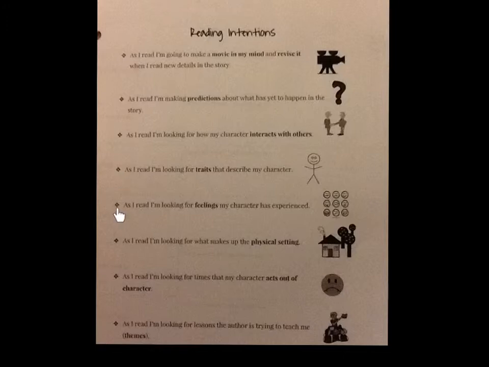As I read, I'm looking for feelings my character has experienced. As I read, I'm looking for what makes up the physical setting. As I read, I'm looking for times that my character acts out of character. And finally, as I read, I'm looking for lessons the author is trying to teach me, or in other words, the themes of the story.